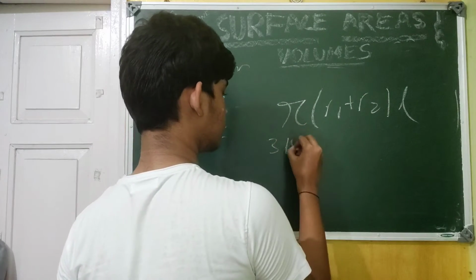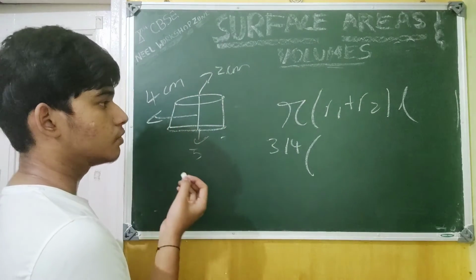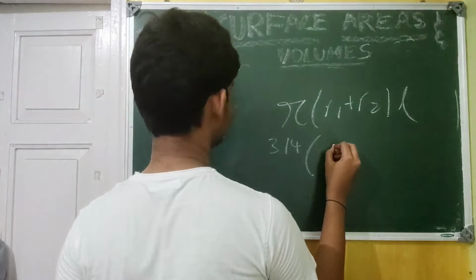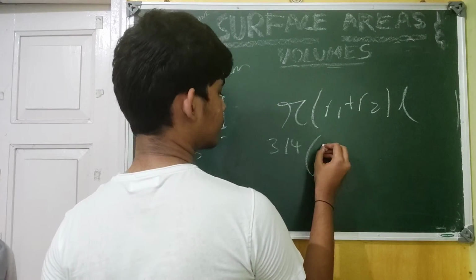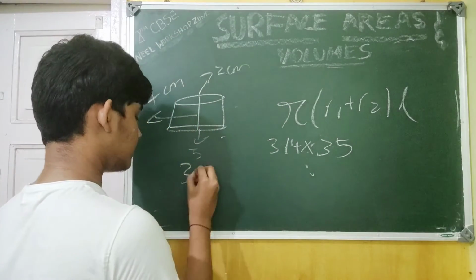So 3.14, let's take the same values, let's take L as 5. So 5 plus 2 is 7, 7 into 5 is 35, so 3.14 into 35. Let me do this real quick.